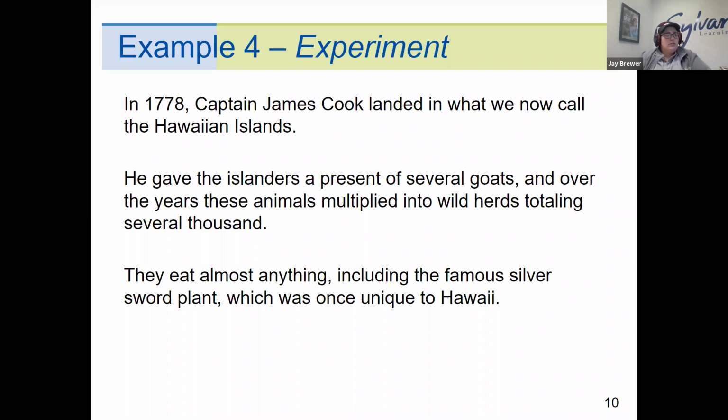Okay, so here's our example for an experiment. In 1778, Captain James Cook landed in what we now call the Hawaiian Islands. He gave the islanders a present of several goats, and over the years, these animals multiplied into wild herds totaling several thousand. They eat almost anything, including the famous silver sword plant, which was once unique to Hawaii.